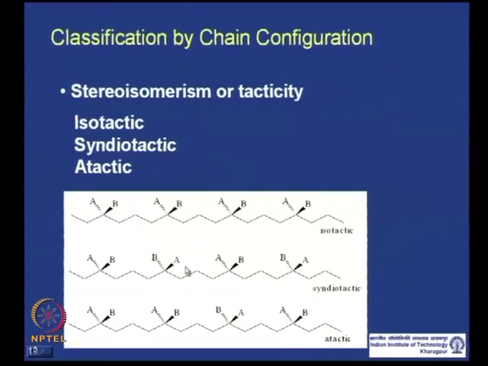If they have alternate stereochemistry from one repeating unit to the next, then we call it syndiotactic, and if the stereochemistry of the repeating units is randomly placed, there is no order, it is called atactic.